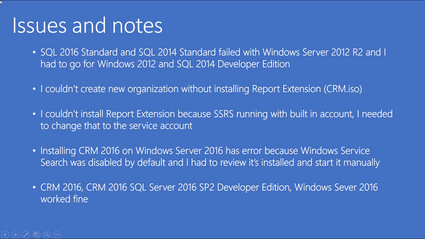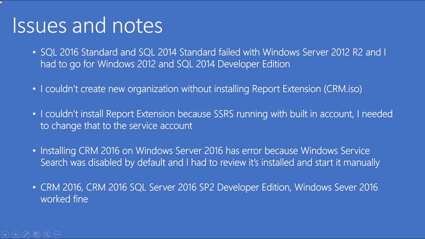After the installation completed, I didn't want to install the report extension because I didn't think I needed it, but when I tried to create an organization, I couldn't create one without the report extension. So I installed the report extension. This is why you will find at the end of the video that I'm installing the report extension.